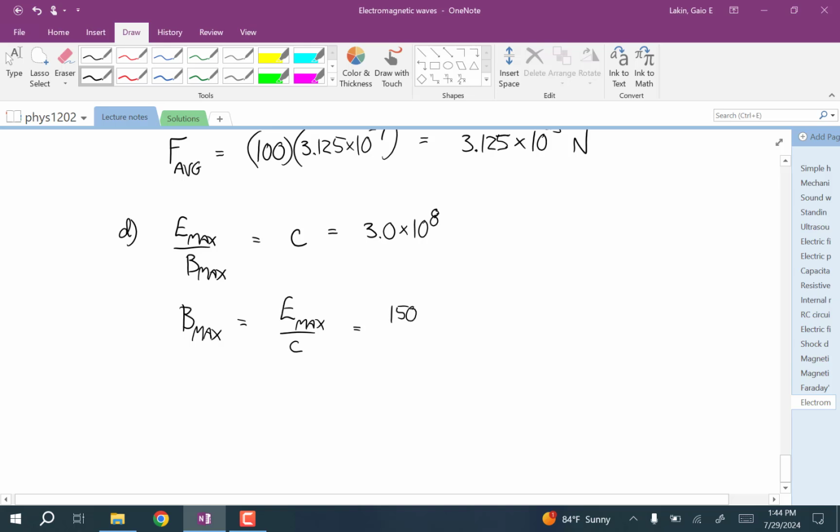And so that's 150 divided by 3 times 10 to the 8th. And you get a value of 5.0 times 10 to the minus 7 Tesla.